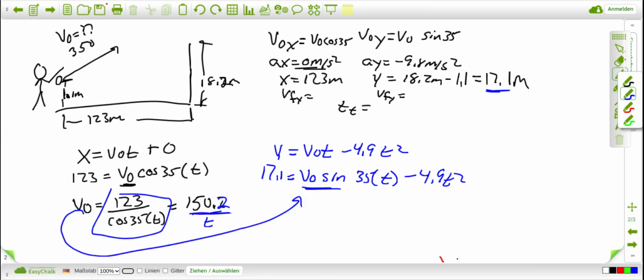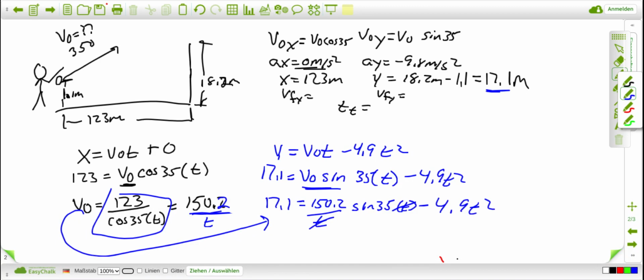So when I go to do that substitution here, I get 17.1 is equal to 150.2 over t times the sine of 35 t. The t's cancel out. That's going to be a big help for us, minus 4.9 t squared.